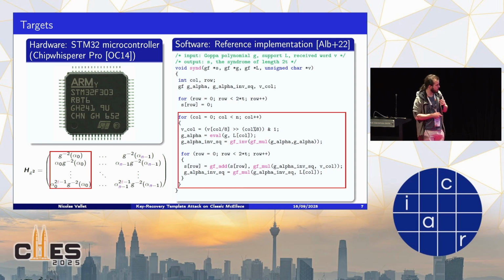The first loop iterates over the columns of HG2, and it starts by computing the first coefficient, g to the power minus 2 of alpha.